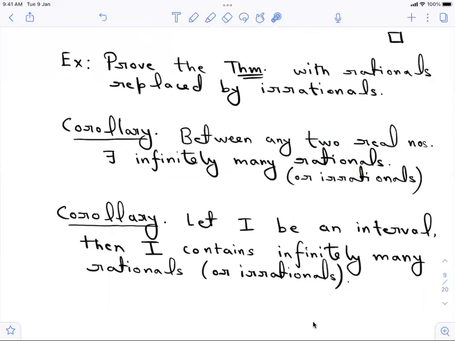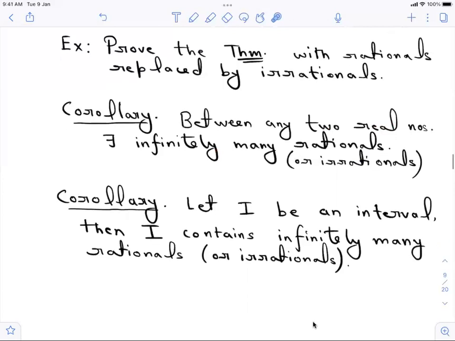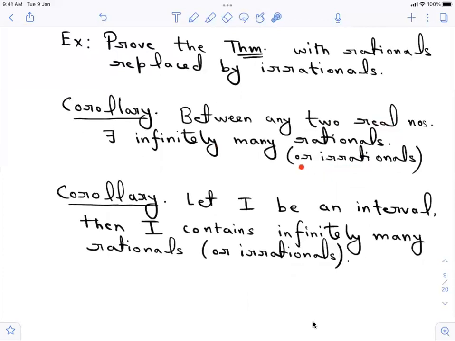So try to think about how to prove this. Get used to some abstract thinking. The hint for this one is that if you use this property that between any two real numbers you can get a rational number, again and again, the same trick will apply to irrationals as well.